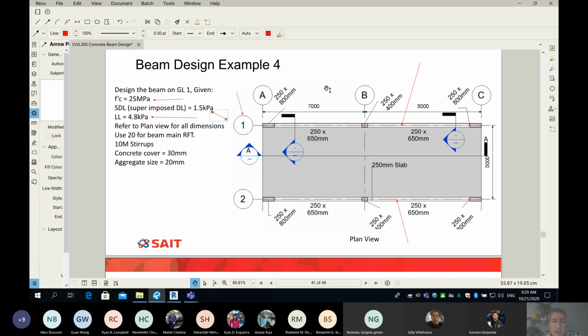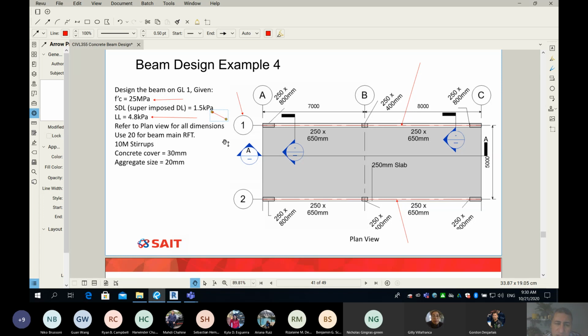So if we forget about the self-weight of the beam or of the slab, then we call those superimposed dead load. And you guys know that this includes partitions, flooring, mechanical, electrical. Those are everything. And from experience, we know that we need to give them some allowance. So the allowance for SDL here is 1.5 kPa.